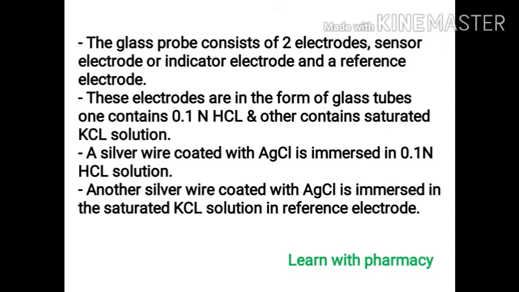These electrodes are in the form of glass tubes. One contains 0.1 normal HCl and the other contains saturated KCl solution. A silver wire coated with silver chloride is immersed in 0.1 normal HCl solution. Another silver wire coated with silver chloride is immersed in the saturated KCl solution in reference electrode.